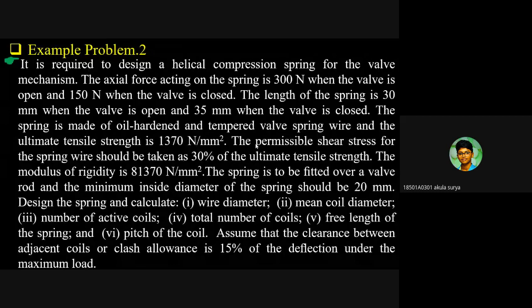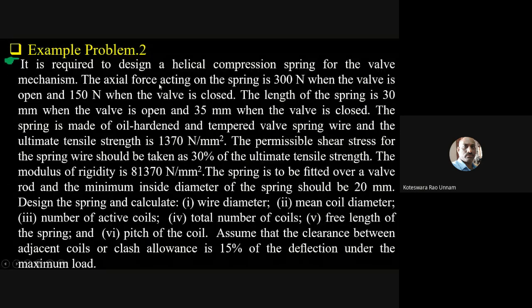Yes, sir. Okay, right. So we'll discuss the solution now. First, I'll read out the problem, then we'll discuss the solution. It is required to design a helical compression spring for the valve mechanism.